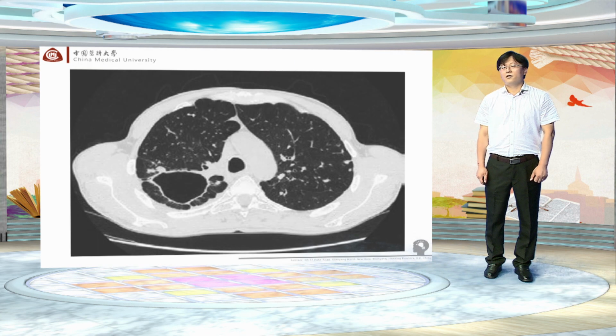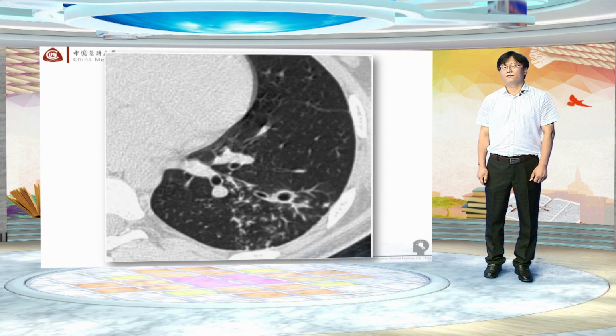This CT scan shows a thin-walled cavity in the patient's right upper lobe, and we can also see the satellite lesions. Some of the lesions have the so-called tree-in-bud appearance, which suggests the bronchogenic spread of tuberculosis.